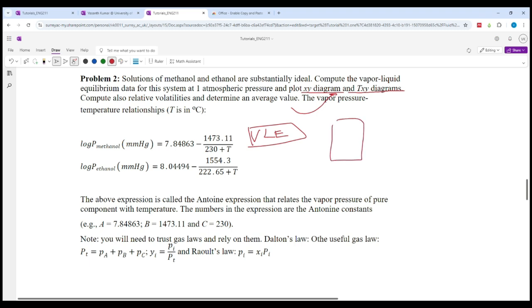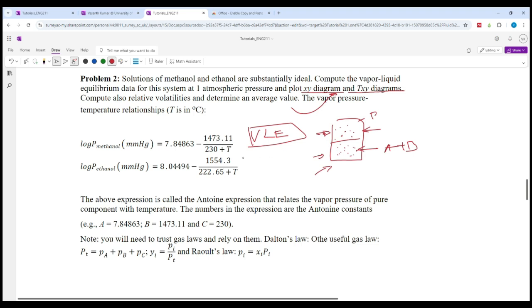Let's say you have liquid and vapor, maintained at some particular pressure, and the fluid mixture contains two components, say A plus B. As you change the temperature, how does the percentage composition of A and B change in the liquid side and also in the vapor side?